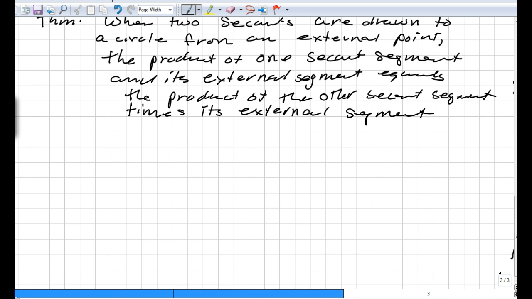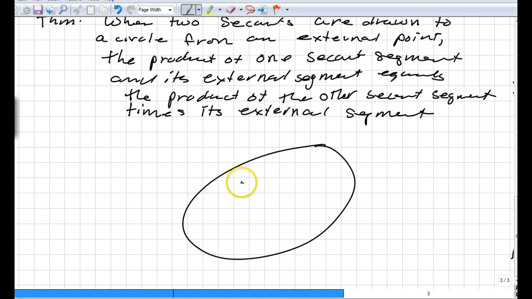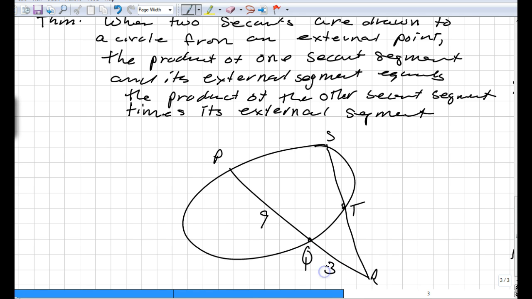Okay, so an example of this one, let's say I have this circle, this is point R, this is point P, and this is point Q, and then I have RS, and this is point T. And I know that PQ is 9, and I know that QR is 3, and I know that TR is 4.